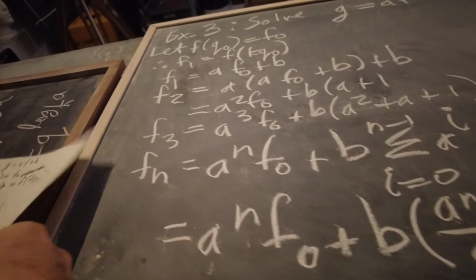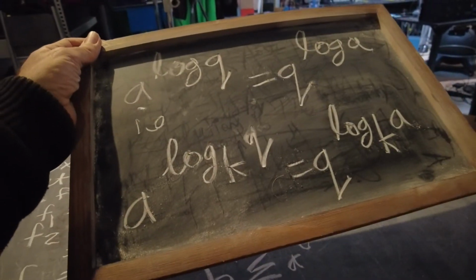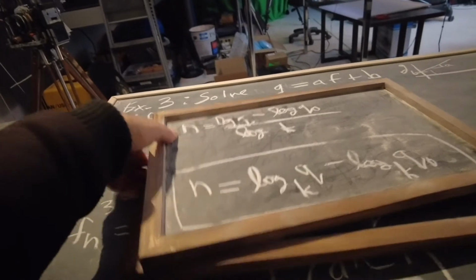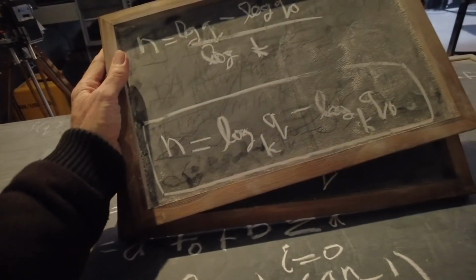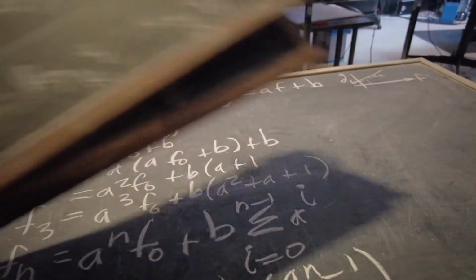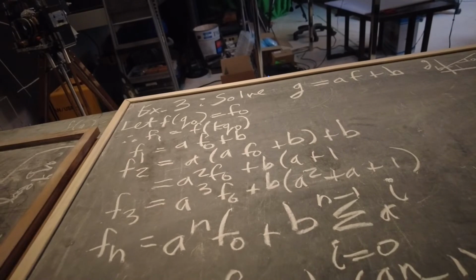And so again, recall our little side result, our comparametric result that we had here: n equals log k of q minus log k of q0. So we're just going to substitute that in as before.